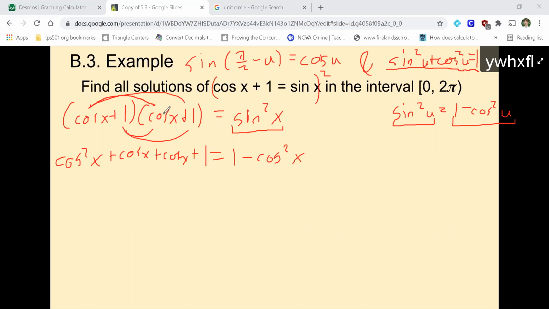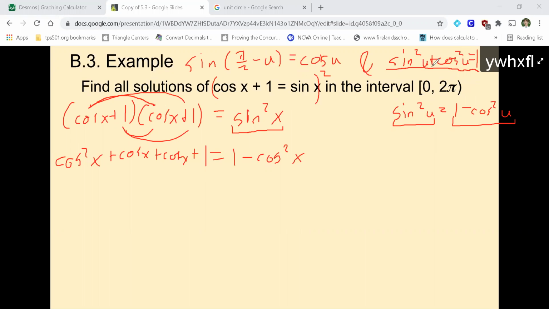So I will say again what you have to do when you see a problem like this. When you have a homework, quiz, or test question that asks you to solve it when that trig expression has both cosine and sine in it, 9 times out of 10, you won't be able to use the cofunction identity, and you will have to use the Pythagorean identity to get everything in terms of cosine or to get everything in terms of sine.